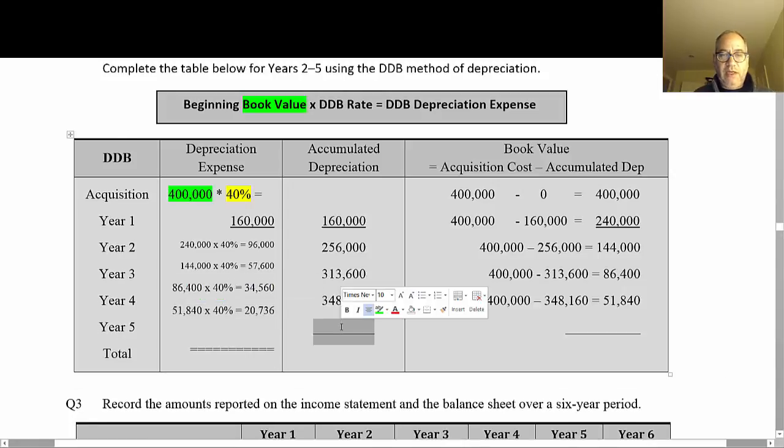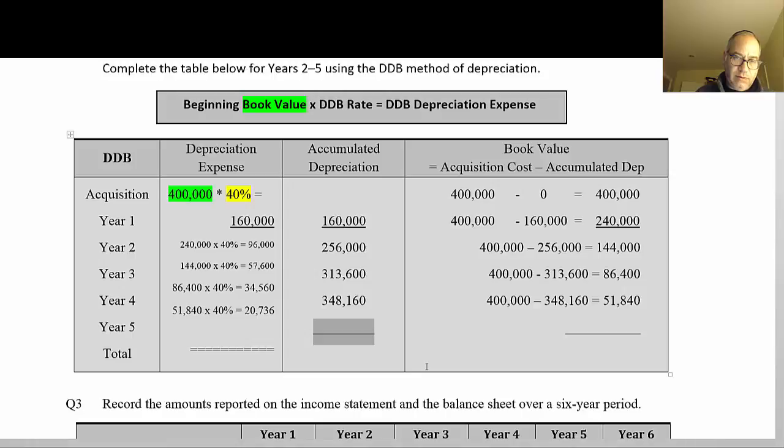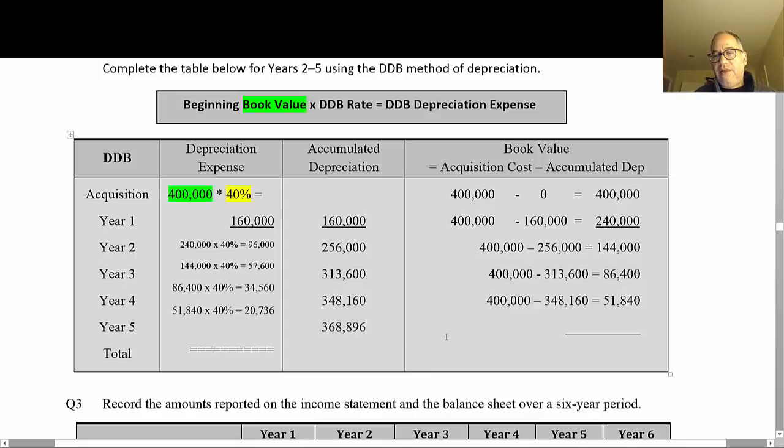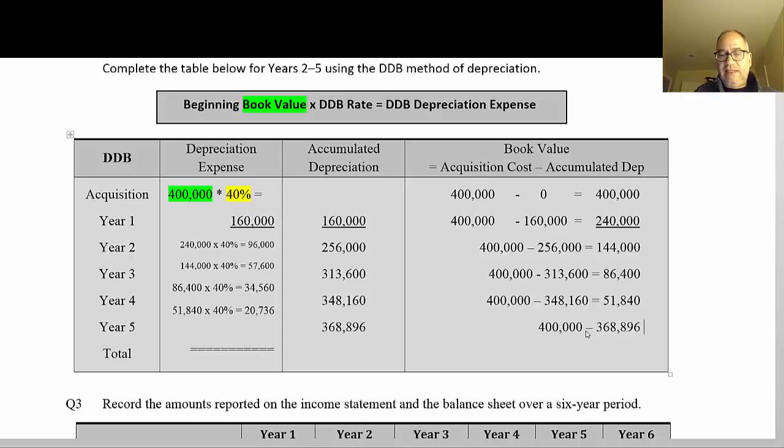Accumulated depreciation would be 348,160 plus 20,736, or 368,896. And then the book value would be 400,000 minus 368,896 equals 31,104.